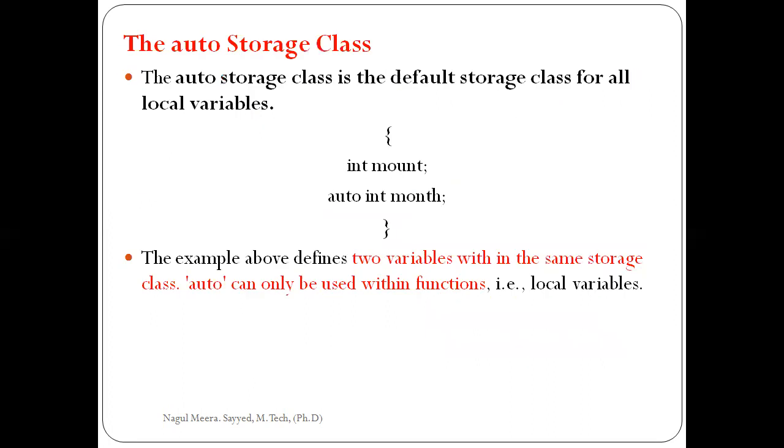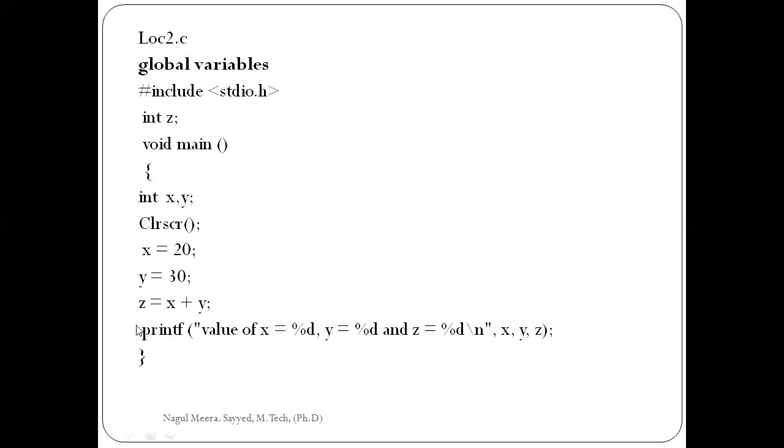For example, if you take z equal to x plus y, what does it do here? In this example, x value is 20 plus y value is 30. This is combined, meaning 20 plus 30, nothing but 50. This 50 is assigned to z.